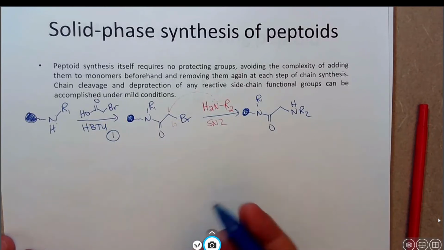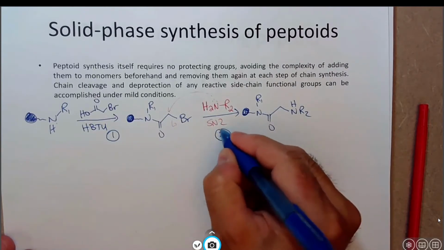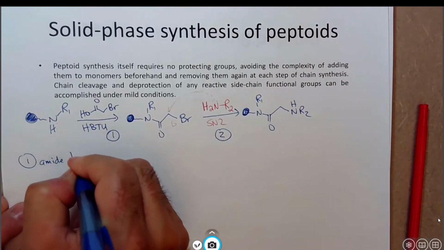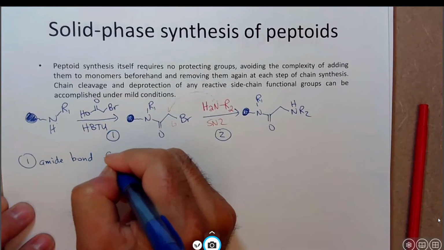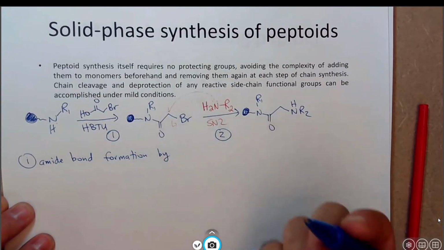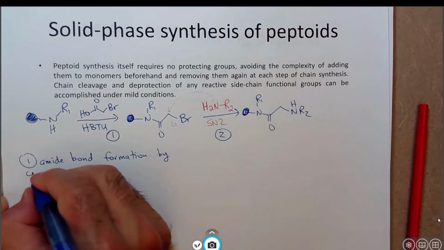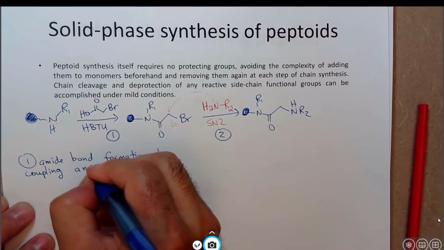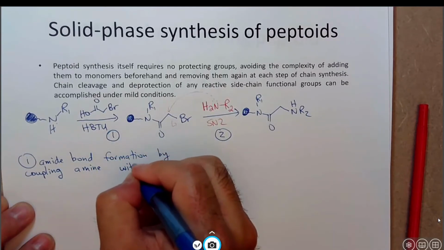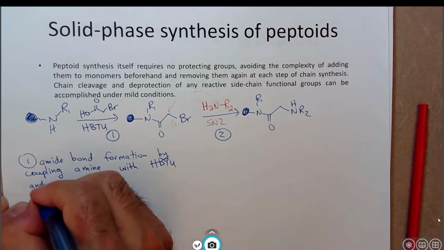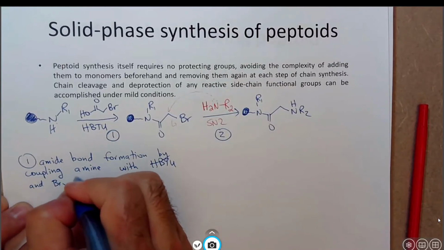So at this stage here, we've done 2 steps. First one, amide bond formation by coupling the amine with HBTU and the bromoacetic acid.